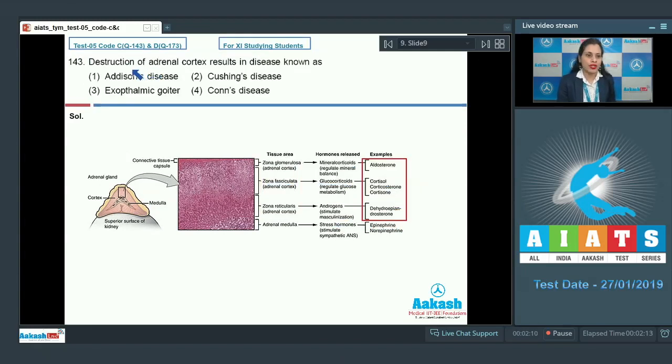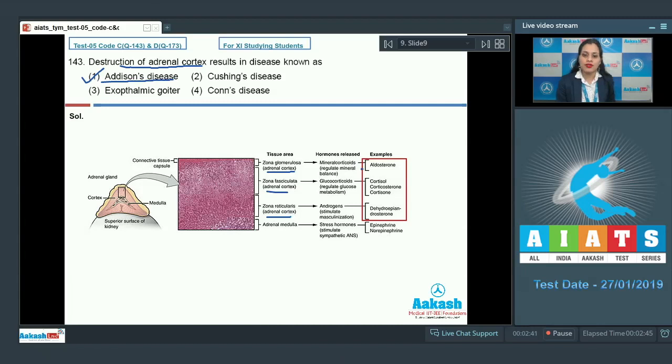Question number 143. Destruction of adrenal cortex results in disease known as, and the options are Addison's disease, Cushing's disease, exophthalmic goiter, and Conn's disease. The correct answer to this question is option number 1, that is Addison's disease. Because the destruction of adrenal cortex will lead to the hyposecretion from all these 3 layers, which are zona glomerulosa, zona fasciculata, and zona reticularis.